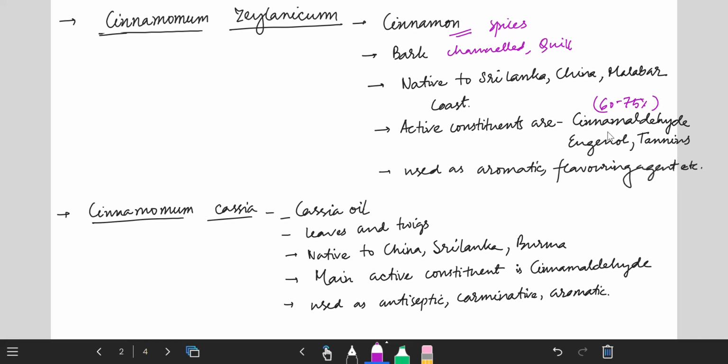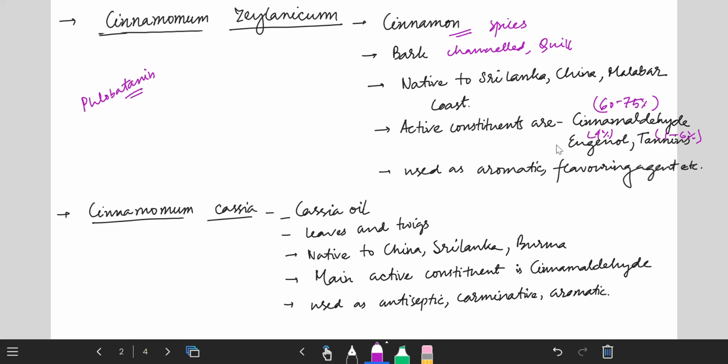Eugenol is nearly 4%. Tannins are 1 to 6%, and the kind of tannin present is flavotannin.